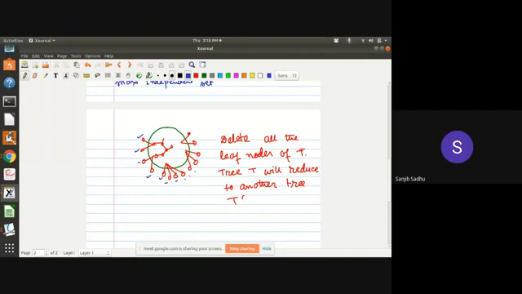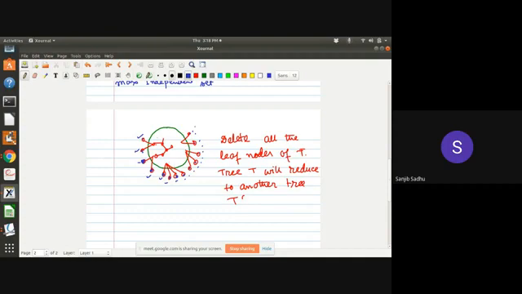So all these leaf nodes form the independent set. Fine. So I am collecting this one, this one, this one. They are not connected to each other. Clear? Check it. So I am covering this. In the next level, what I will do is delete.